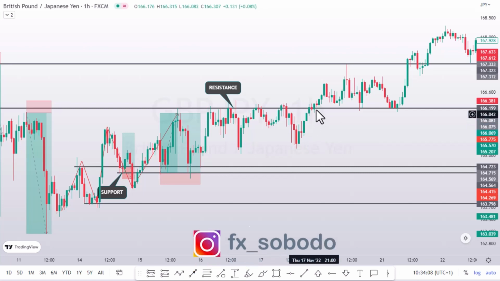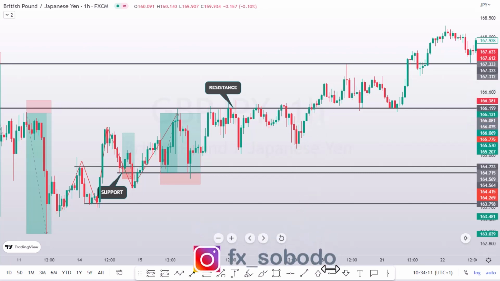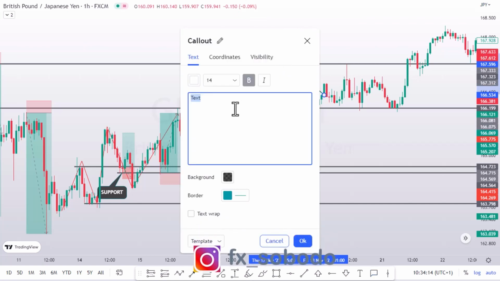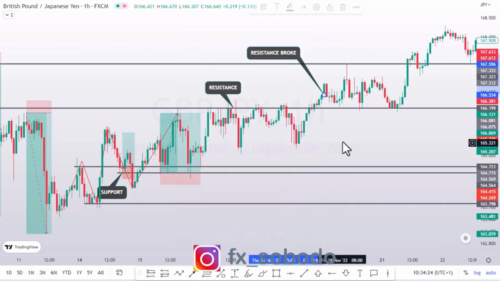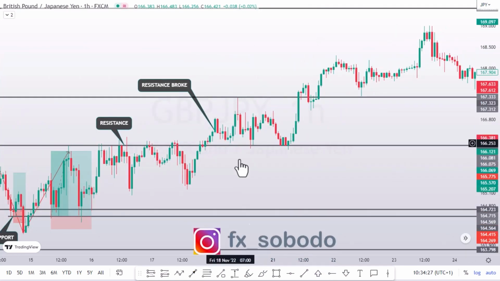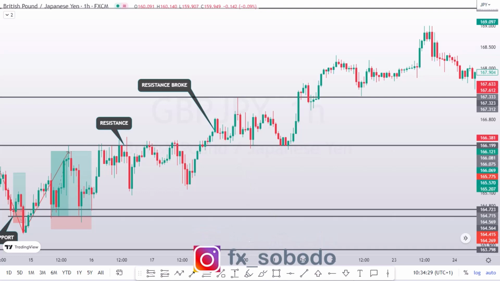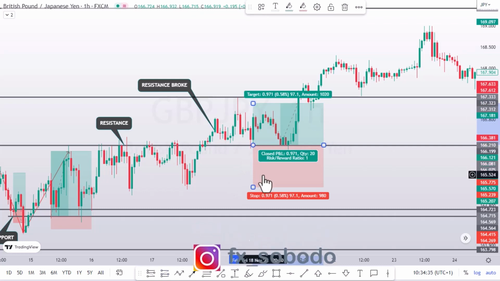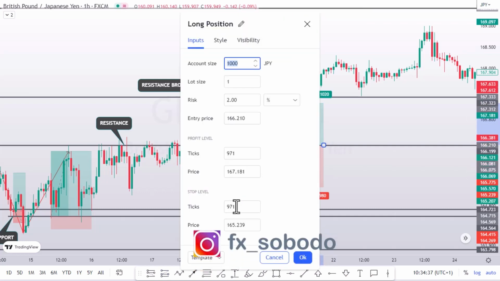So what happened? We wait patiently, price broke to the upside. You see, resistance got broke. Resistance broke to the upside. What do we do? We wait for the retest. The moment price comes to retest our level, boom, by risking only 30 pips.